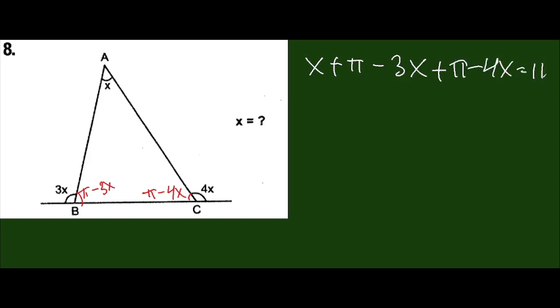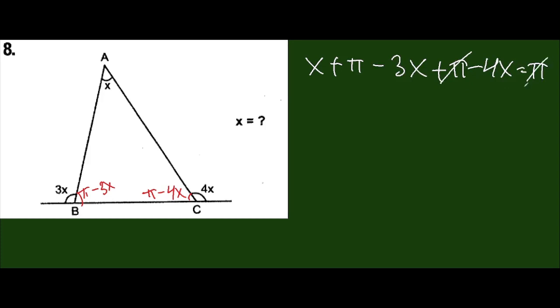I believe that this is not so difficult. It will be pi minus 4x, and it is also pi minus 3x. That means that x plus pi minus 3x plus pi minus 4x will be equal to pi.